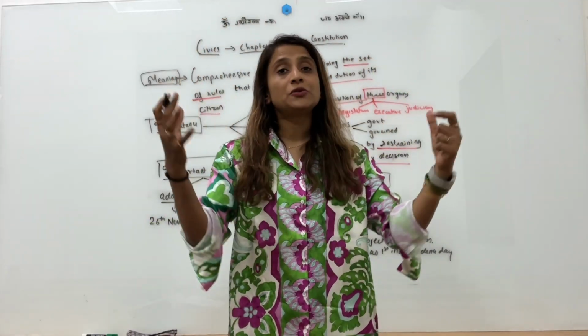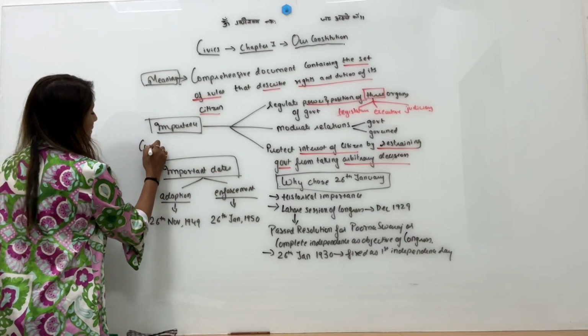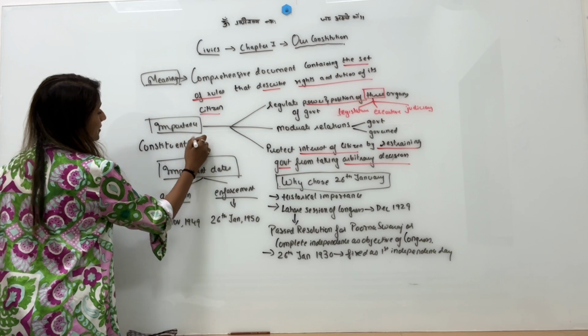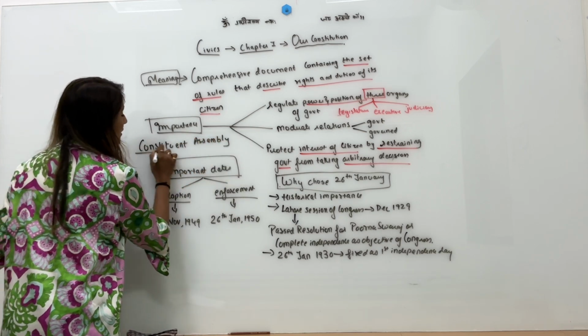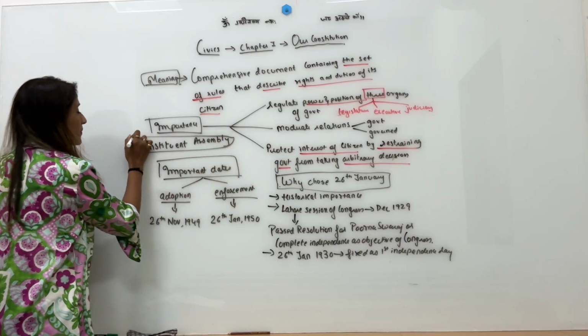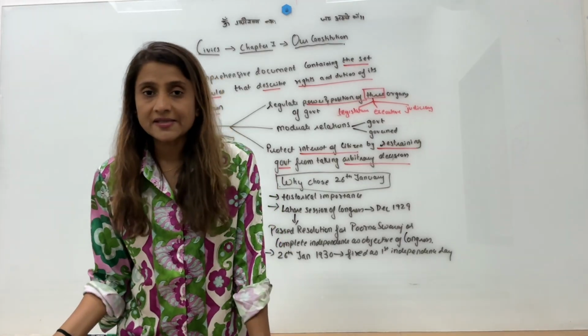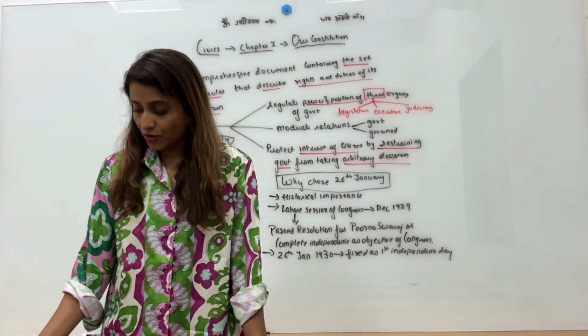There were many people together, and that group of people together was called the Constituent Assembly. So who framed our constitution? The Constituent Assembly.